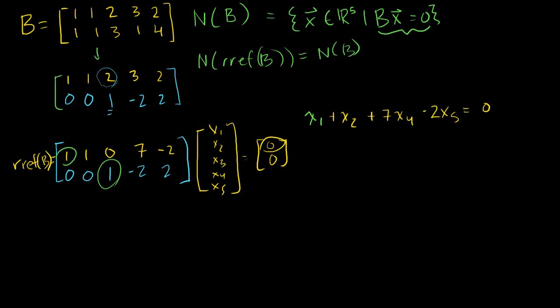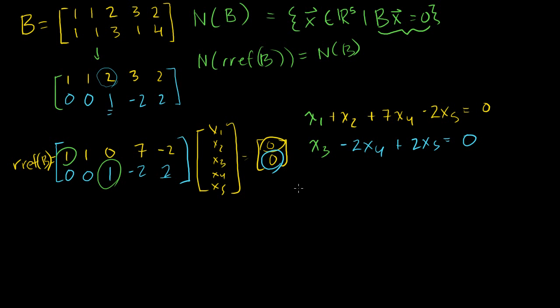And then I get this is x3, right? 0 times x1 plus 0 times x2 plus 1 times x3. So I get x3 minus 2 times x4, plus 2 times x5 is equal to that 0 right there. And then if we solve for our pivot variables, these are our free variables. We can set them equal to anything. If we solve for our pivot variables, what do we get?